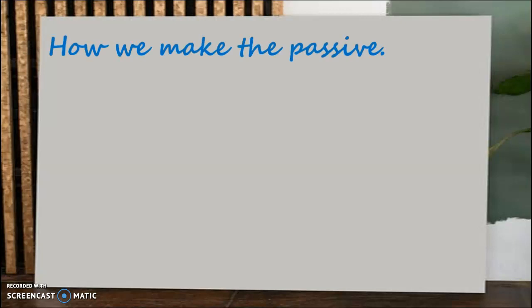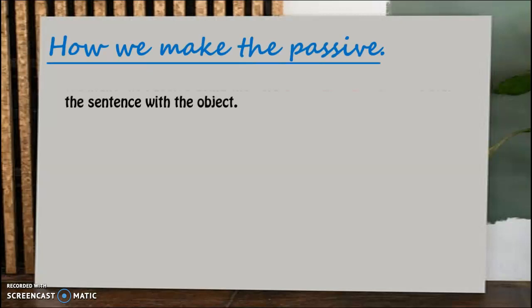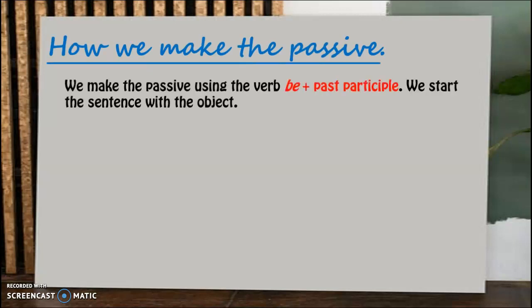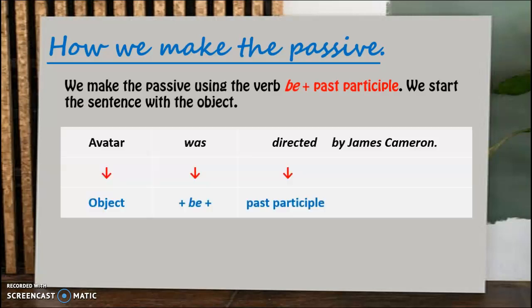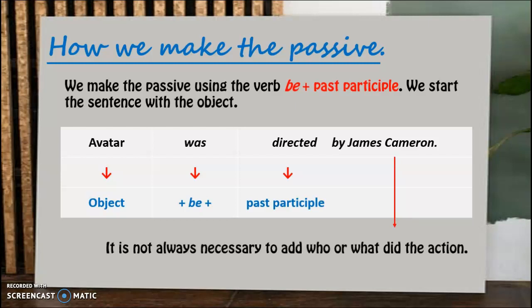How do we make the passive? So just to remember, it's important that we use the verb to be plus the past participle. And we start the sentence with the object. In this case, for example, Avatar was directed by James Cameron.